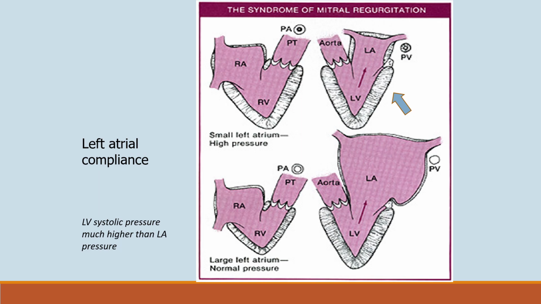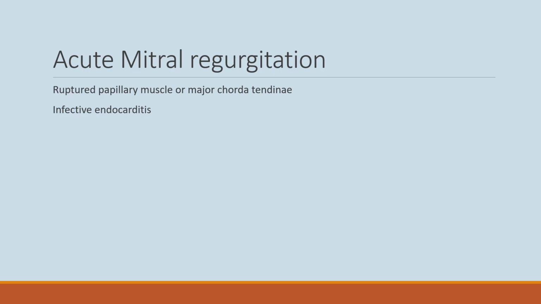So you suddenly develop severe acute mitral regurgitation. The left atrium is small and it cannot accommodate this extra volume under high pressure because it's non-compliant, it's still small. These are the causes: ruptured papillary muscle or chorda tendini, or if you have a bad infection of the valve, endocarditis.